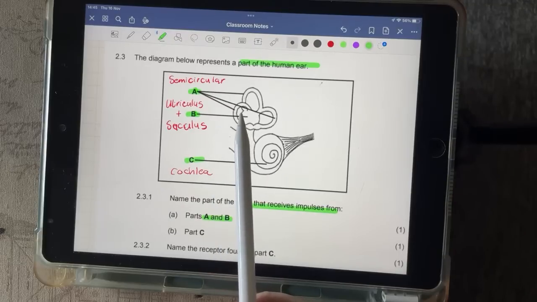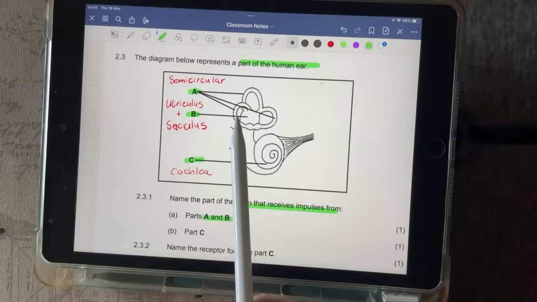I know, if it's the first time you're studying this today, which hopefully it's not, but for some of you it might be, part A and B have nothing to do with hearing. So what part of the brain does that go to, everybody? Lovely. It's the cerebellum. The cerebellum is used for posture and balance.